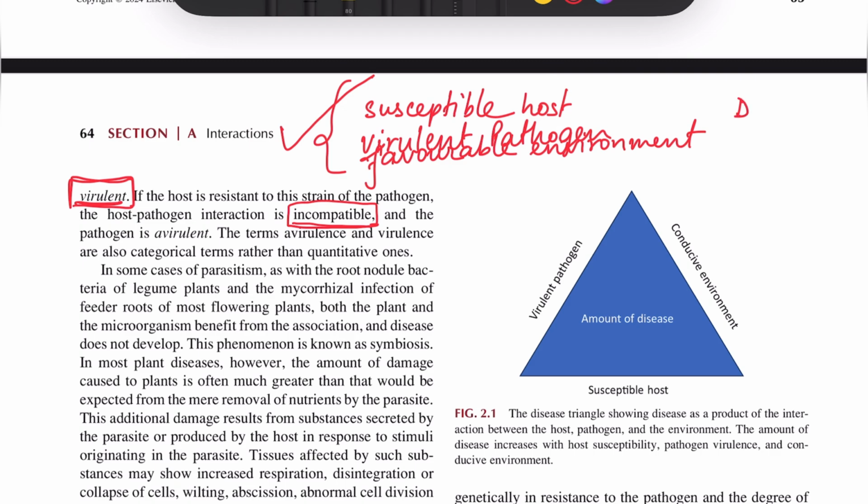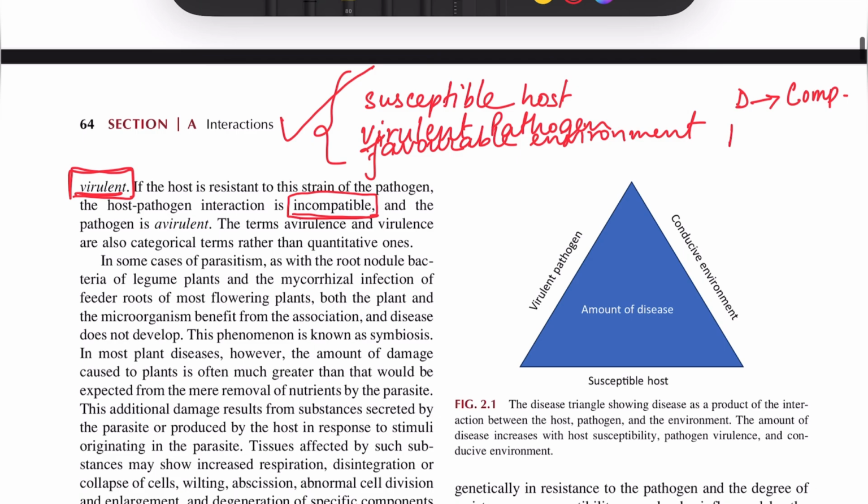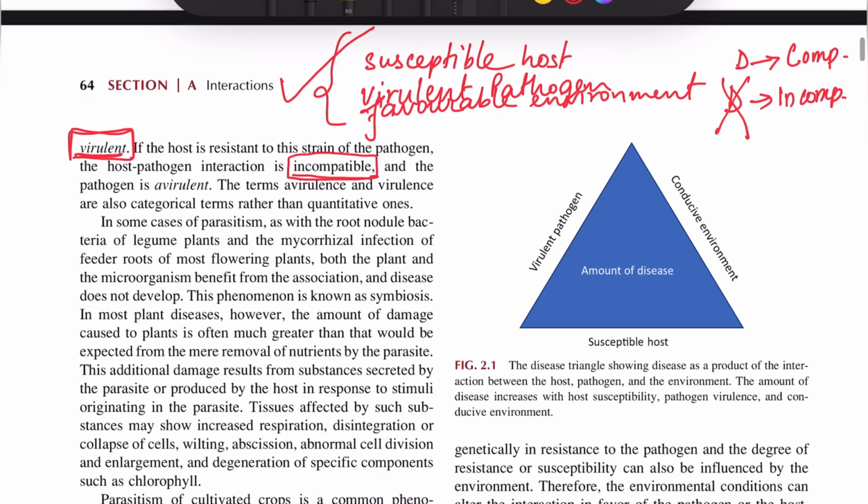If disease is caused, then they are called compatible. If there is no disease, then the relationship will be called incompatible. Understood? This might come in objective questions, so remember this term. When disease occurs, it's compatible. When there is no disease, it is called incompatible.